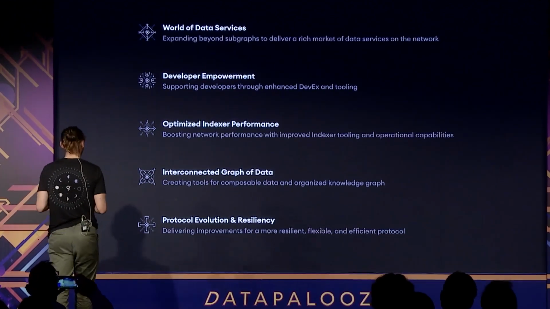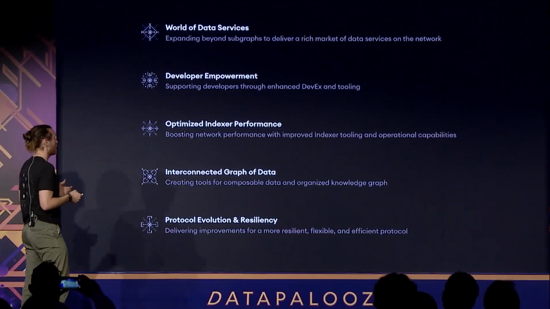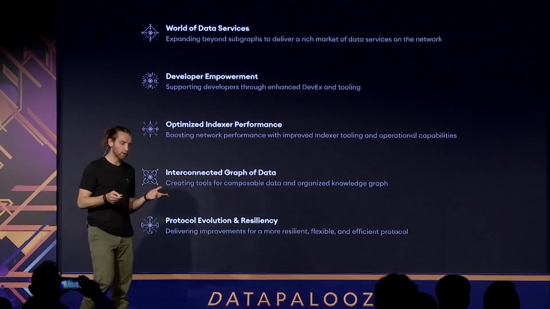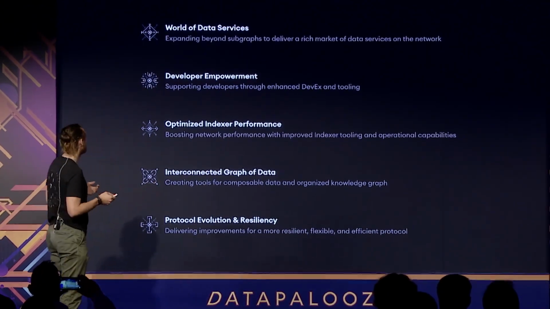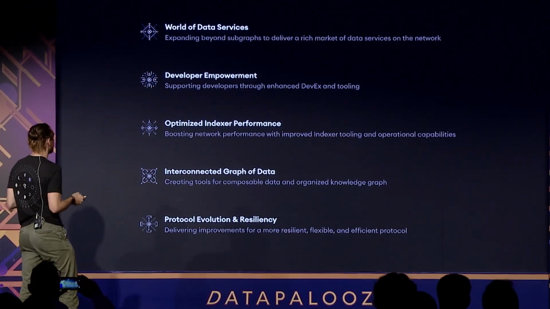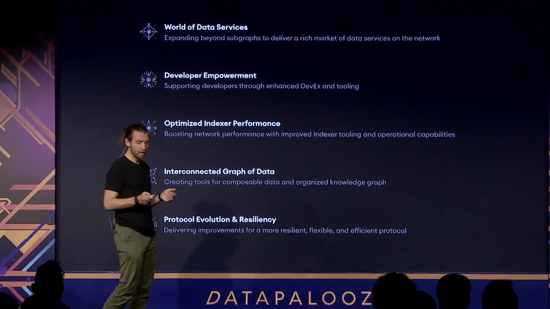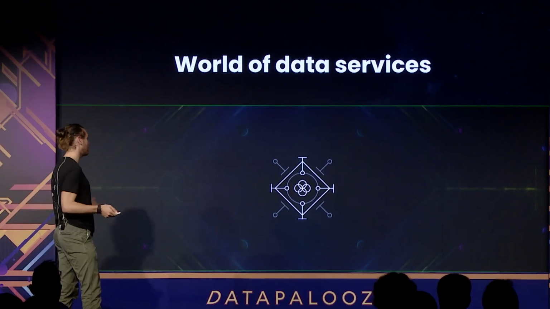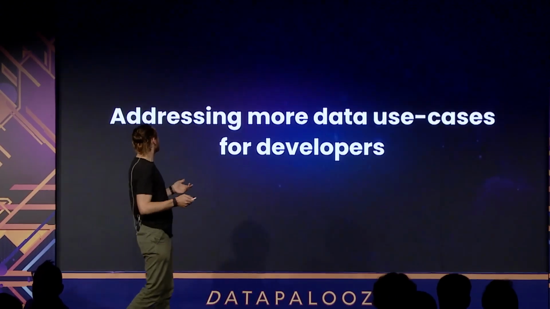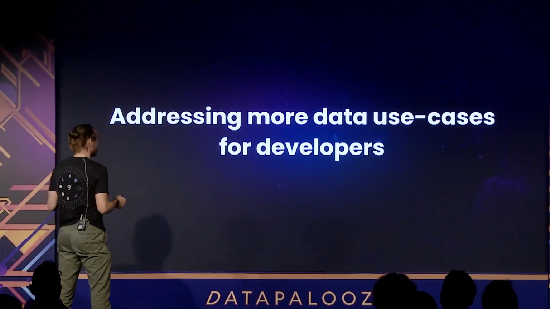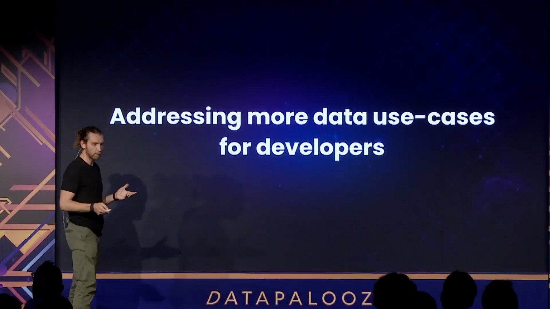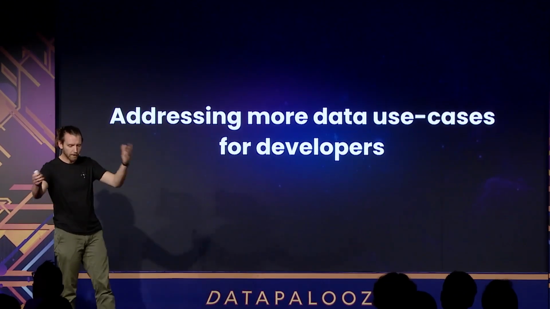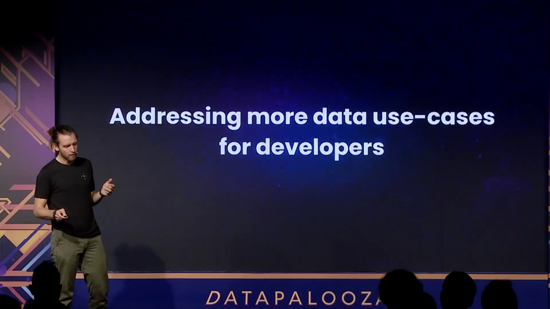So there are five pillars of the roadmap. I encourage people to go to thegraph.com/roadmap to dig into it in a bit more detail. What I want to talk about briefly today is the world of data services. Firstly, that's a great name. But essentially, this is about addressing more data use cases for developers. I had that list of all the things that people want to do with data.